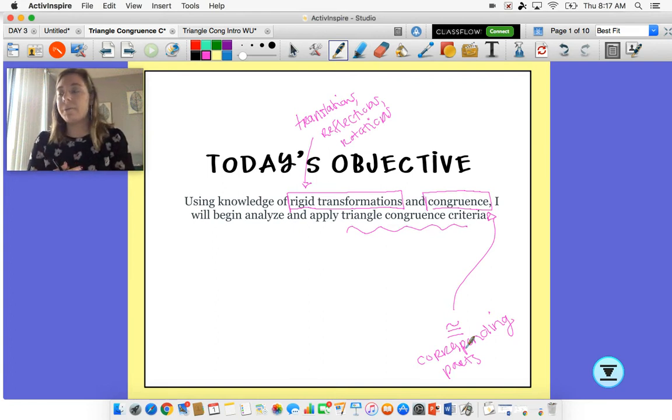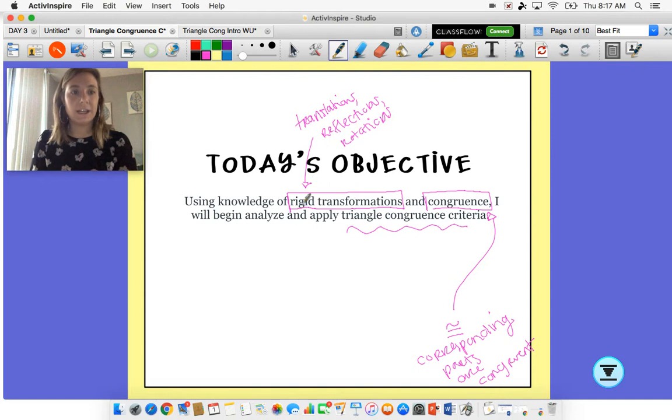If I was moving to a new house and put my TV in the corresponding place in my new house, it's going to be in the same location but in a different house. So corresponding parts are congruent, and that's true for angles and sides. They all have to be.